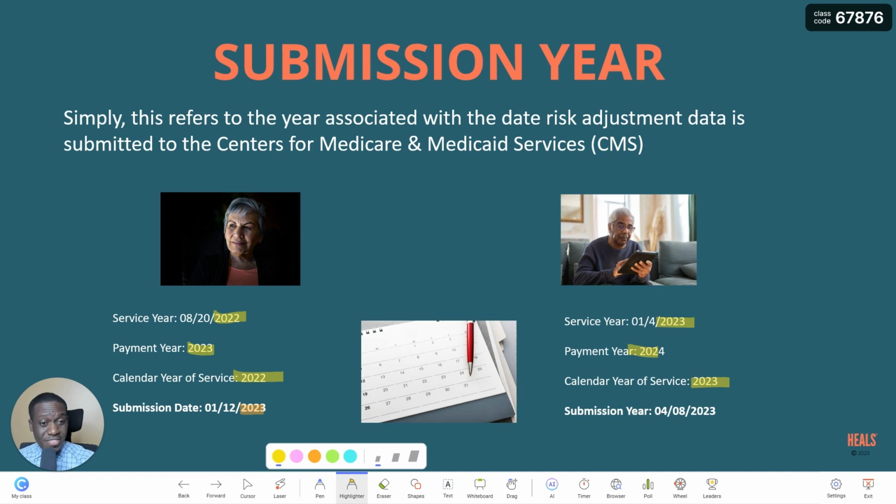Therefore, if this record, submitted as an encounter data record or chart review record, risk adjustment data, is submitted on April 8th, 2023, then the submission year is 2023. And I hope this makes sense easily, and you start to see the relationship between service year, payment year, calendar year, submission year, and all the data years that we've been discussing and learning about. I hope this is very helpful.